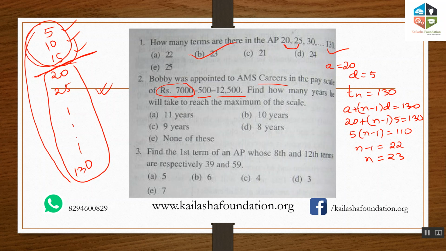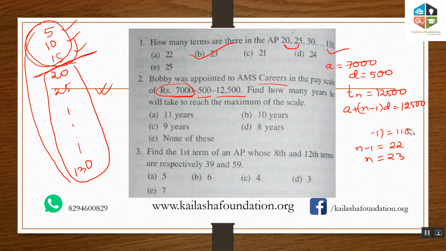In 1 year it will be 7,500, and we have to go to 12,500. Okay, so the problem is the same as the first one. Our A is 7,000, D is 500, Tn is 12,500.